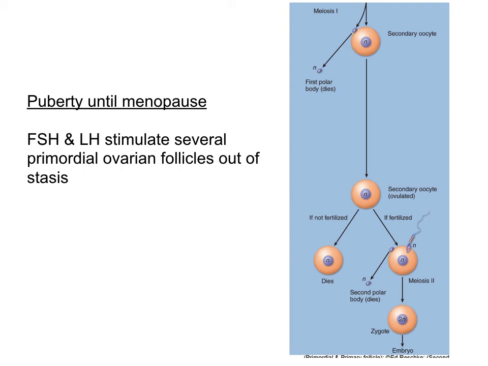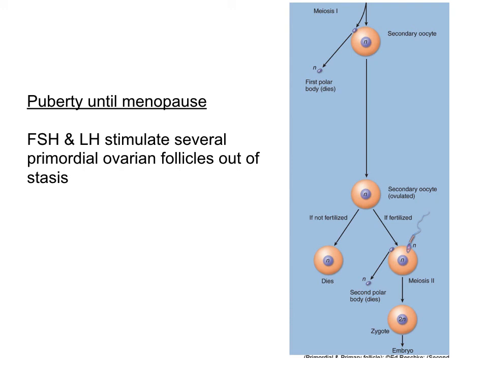This secondary oocyte is stimulated to finish meiosis II with the act of fertilization. During meiosis II, the secondary oocyte forms two cells. One is another polar body, which is more discarded nuclear material. The other cell is your haploid ovum.